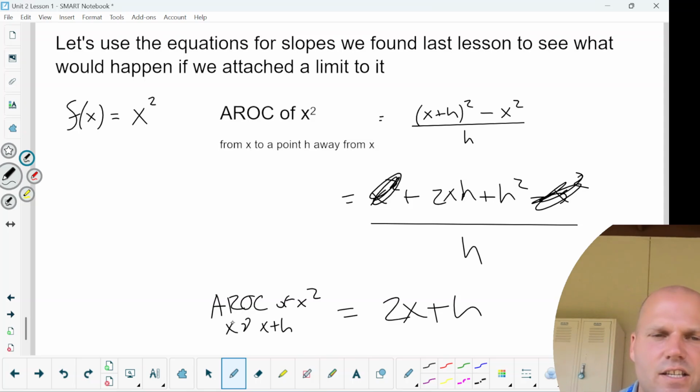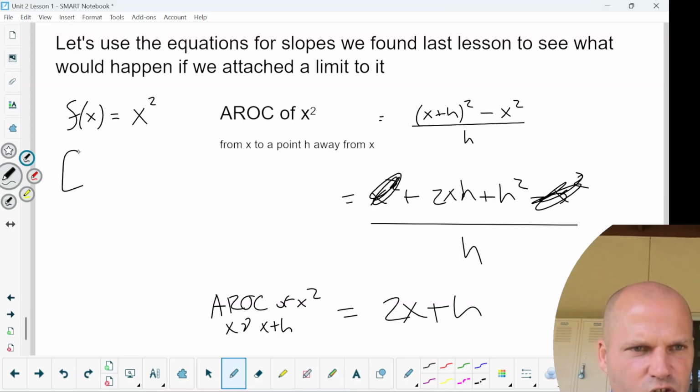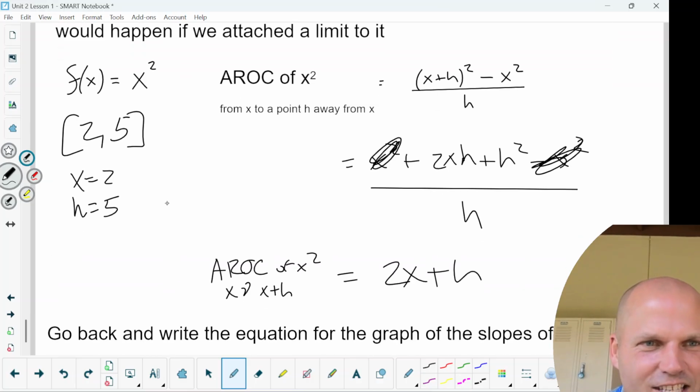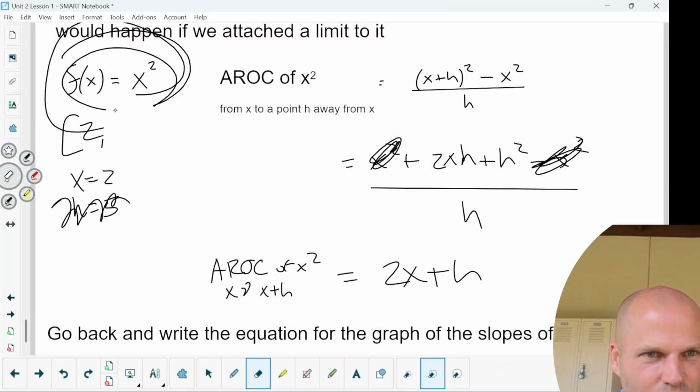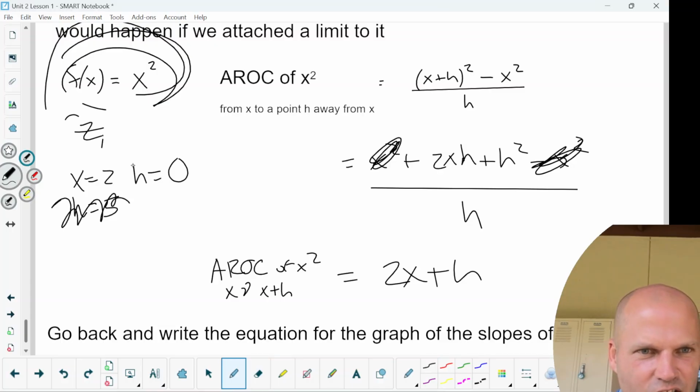And this was the average rate of change of x squared from x to a point h distance away from x. Cool. If I looked at the average rate of change from 2 to 5, I would say x is 2 and h is 5. Well, what if I said, what is the rate of change of x squared at just x equals 2, and I didn't have 5? Well, you'd say h is 0, right? It's just talking about x equals 2.